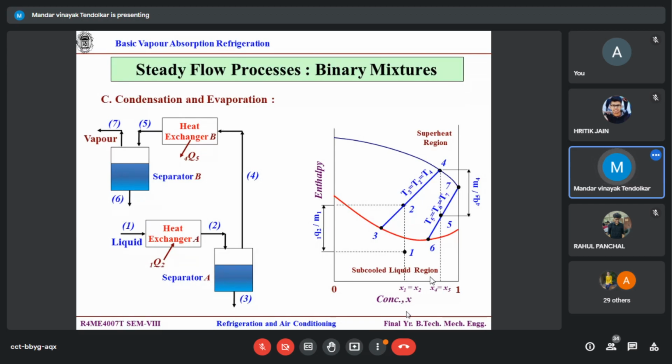So if I want to separate the two constituents of the binary mixture, then I will adopt this method of condensation and evaporation. So this will be a series process here. I have shown two parts; I cannot call it a cycle, but a repetition. So 2 repetitions, 2 times.